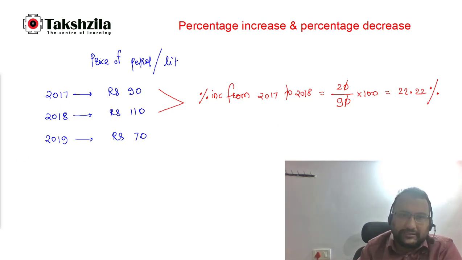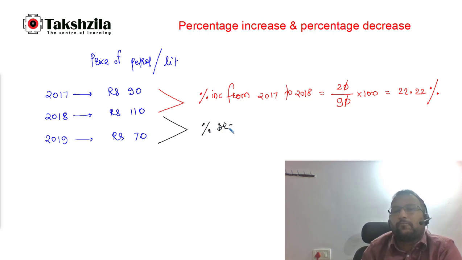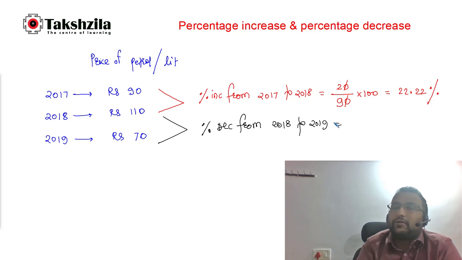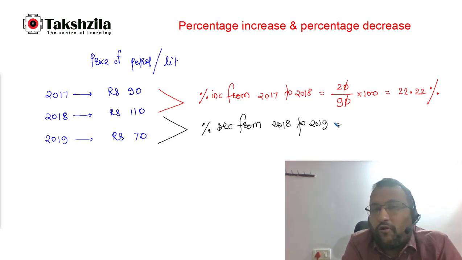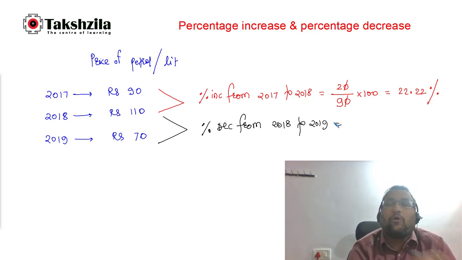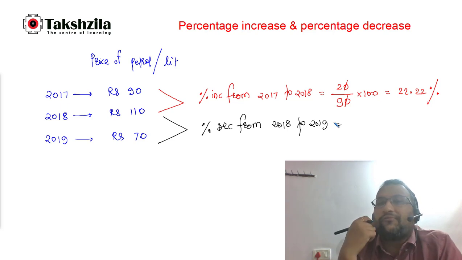Now after this, if I ask you to find the percentage decrease from 2018 to 2019. In the year 2018, the price of petrol was 110 rupees per liter, and in 2019 it is 70 rupees per liter. So how much decrease is there in terms of rupees?